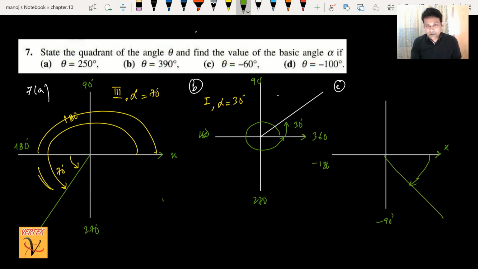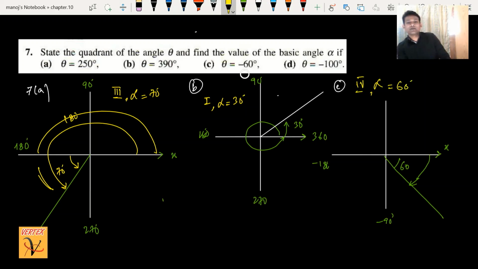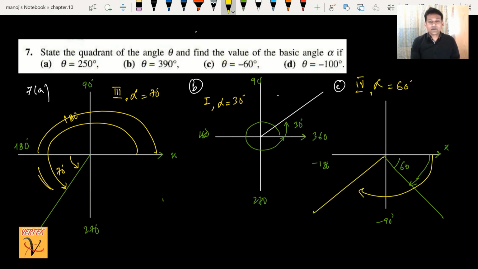So we are in the fourth quadrant, and alpha of the fourth quadrant is positive 60 degrees, because theta is negative but alpha is always positive. You can do the next one yourself. It's so easy.